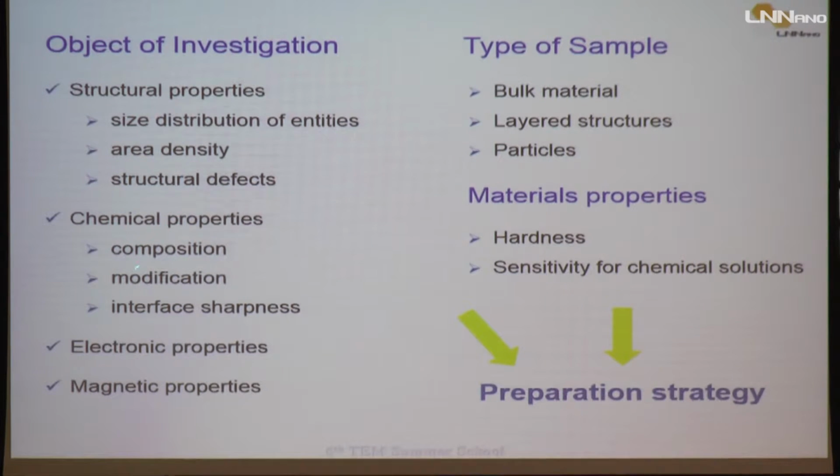Perhaps you are interested in the chemical properties of your sample, and then you try to find out about the composition, some modification in the interface between different phases, the sharpness of the interface between the different phases, different domains of your sample. You may try to get information on the electronic properties and magnetic properties of your sample.